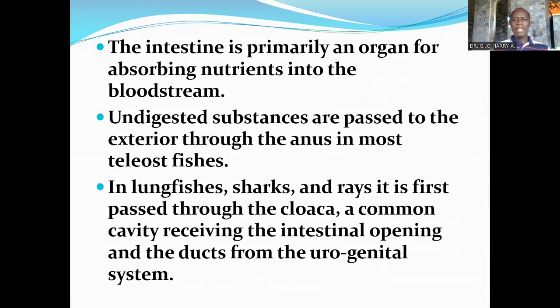Undigested substances are passed to the exterior through the anus in most teleost fishes. In lungfishes, sharks, and rays, they first pass through the cloaca, a common cavity receiving the intestinal opening and the ducts from the urogenital system.